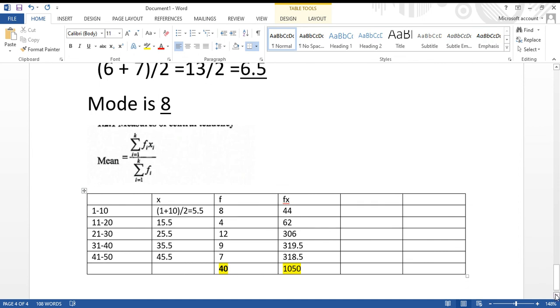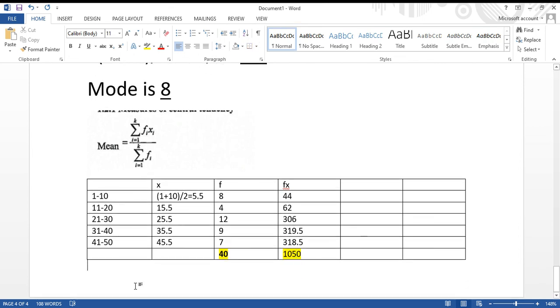Okay. So now we're just going to input into the formula. We say mean equals the summation of f times x, 1050, divided by the summation of f, which is 40.